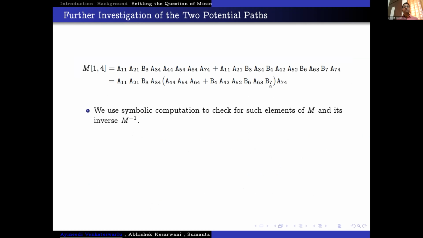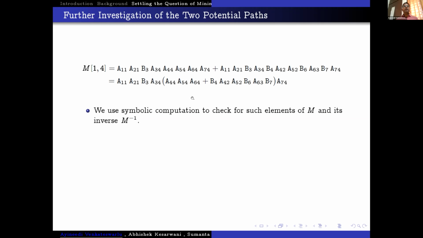Observe the expression in the bracketed portion, this is a sum of 2 monomials. If all these coefficient matrices are permutation matrices, then this sum becomes a singular matrix. Because the sum of 2 permutations is a singular matrix, if you want this to be a non-singular matrix, then at least one of the coefficient matrices appearing in this expression must be non-singular.